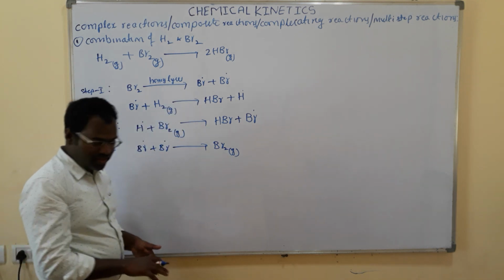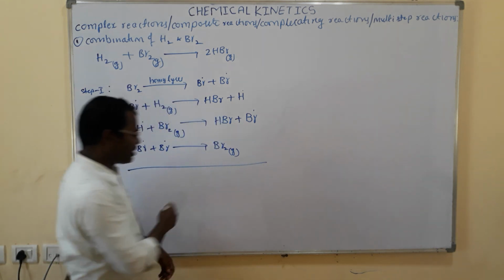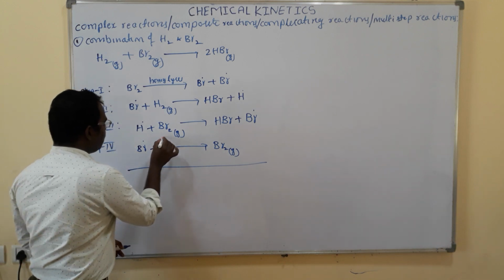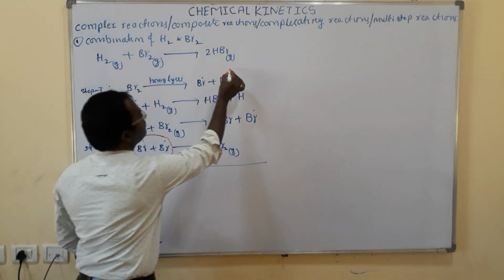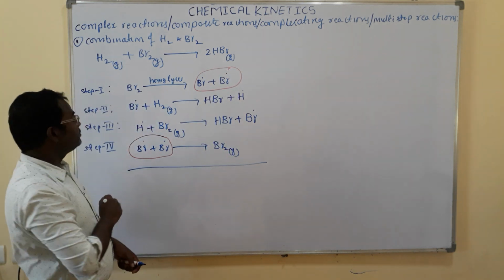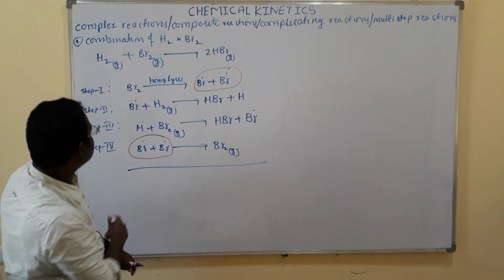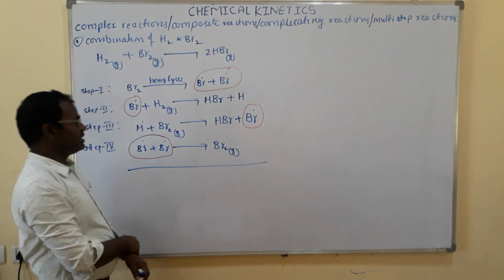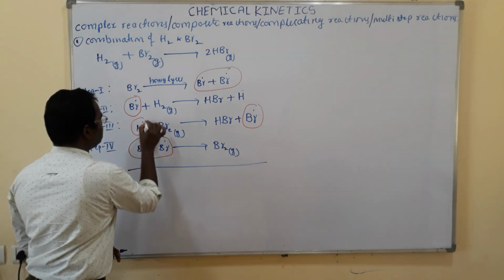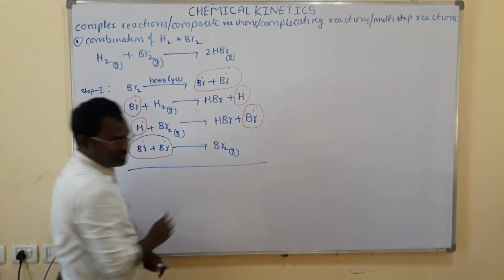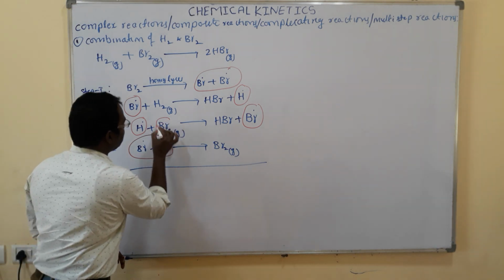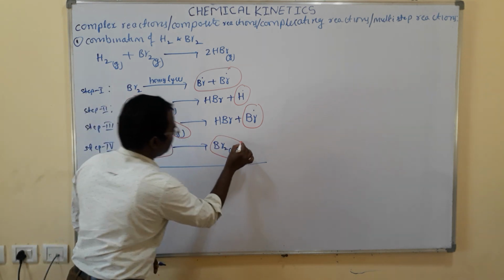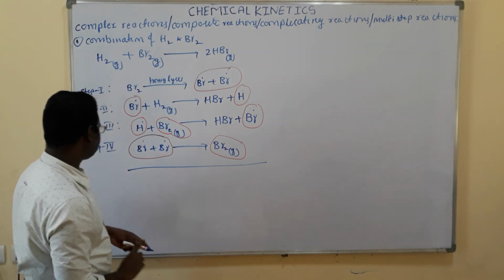If we add up, the bromine radicals will cancel, the bromine and the other bromine will cancel, and the hydrogen will cancel.